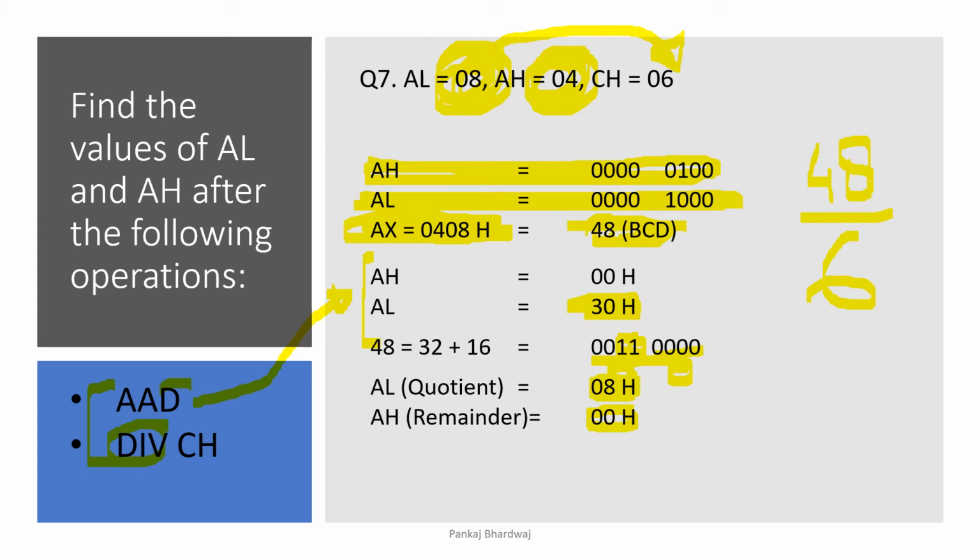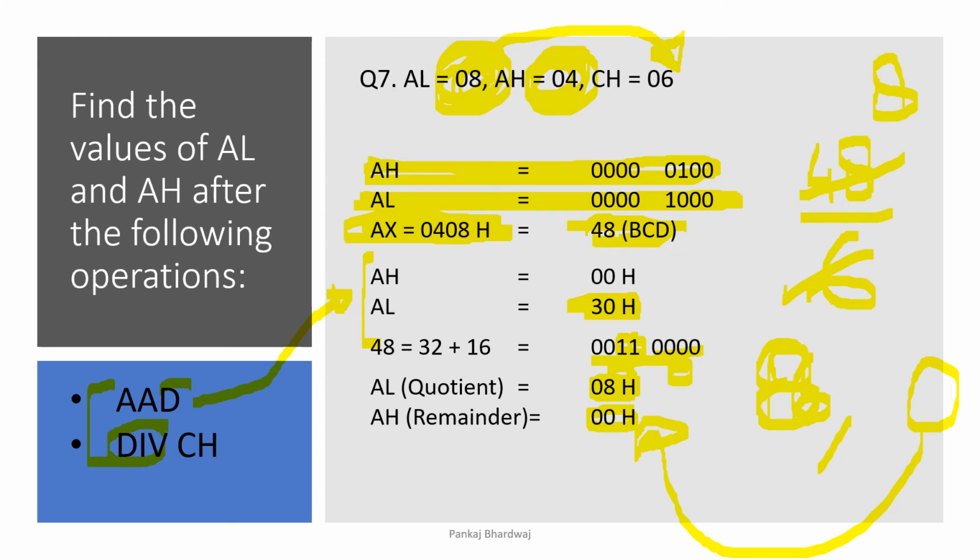We get 8. So 8 is the quotient and 0 is the remainder. So 0 is the remainder that is stored in AH, and 8 is the quotient that is stored in AL. Clear? So the answer is 08 in AL and 0 in AH.